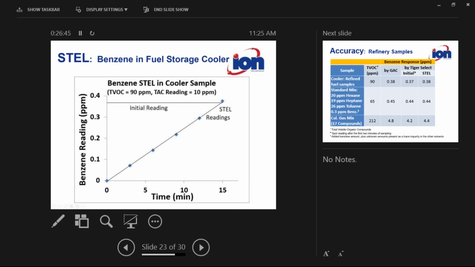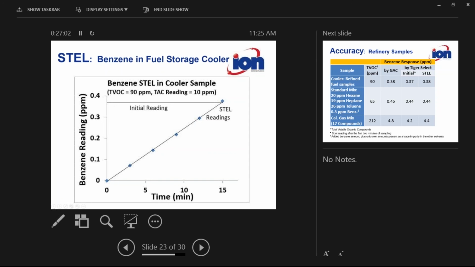The TAC reading gives you 10 ppm. That's for total aromatics. And this shows you that the reading for the benzene at this particular cooler at that time was about 0.37 ppm.